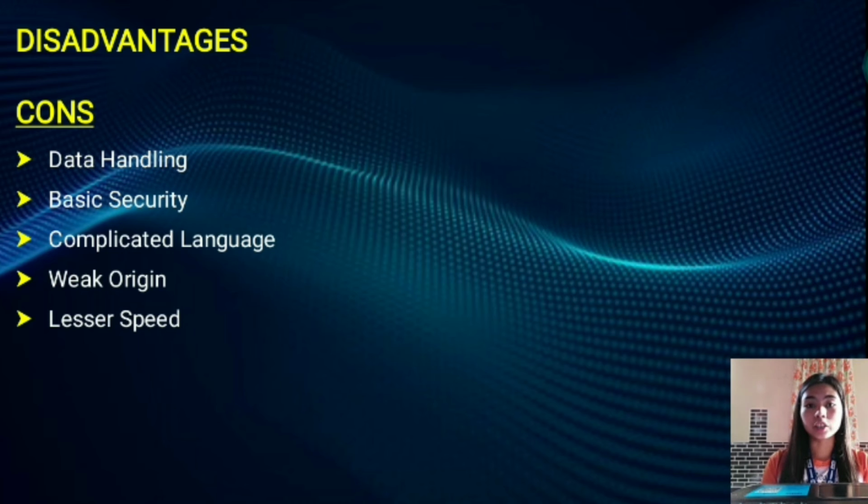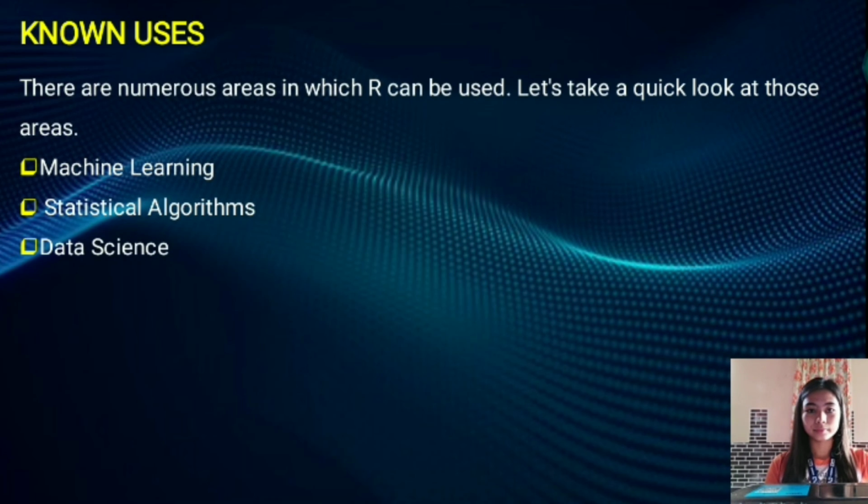Now let's move on to the known uses of the R programming language. There are numerous areas in which R can be used. Let's take a quick look at those areas. Machine learning.